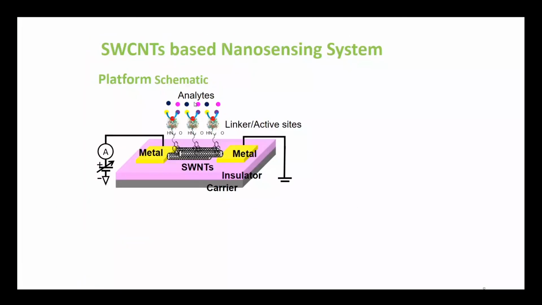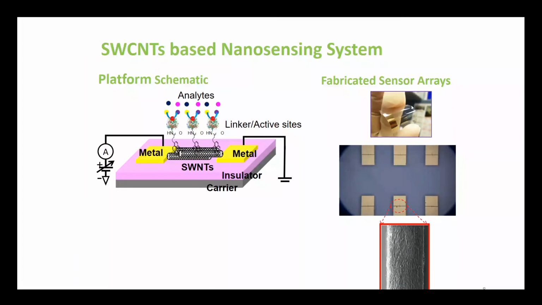So this is our system, and this is a real image of the two gold electrodes with this tiny carbon nanotube bridge between them. Actually, our system is on top of these tiny places. In the small part of this flexible biosensor system, we have 48 nano devices located in the small space.